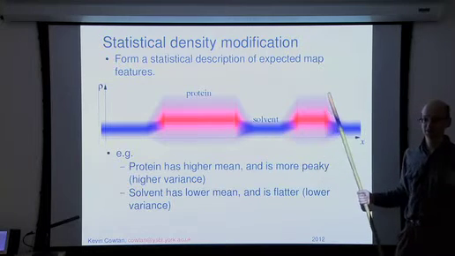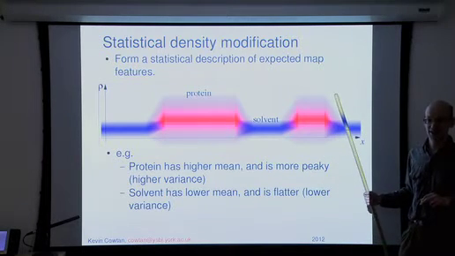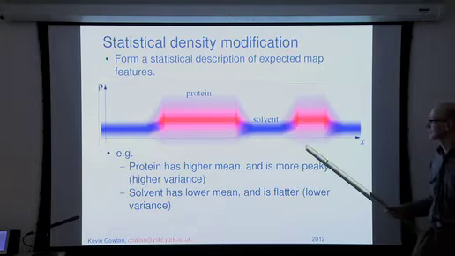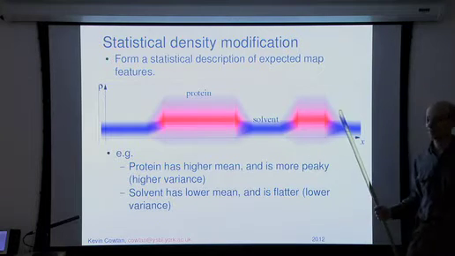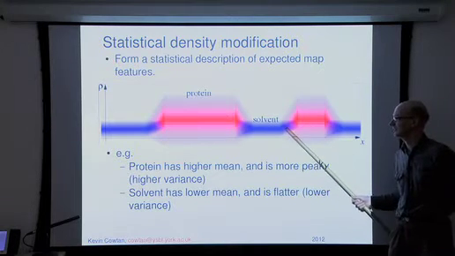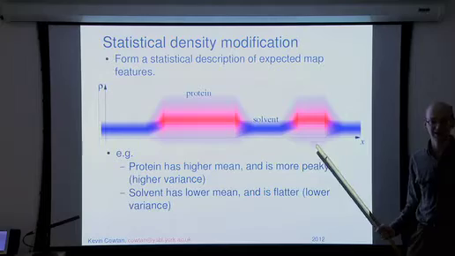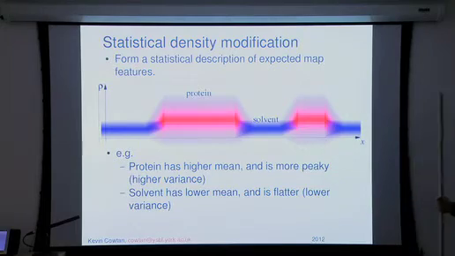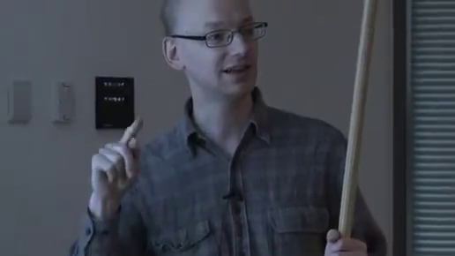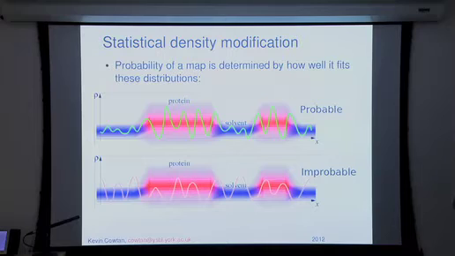Whereas the solvent, mostly oxygens and 2 hydrogens for each one, has a lower mean, lower density on average, and because it's disordered, it shows less variation. So that's a statistical description of what we would expect the electron density to be like, given that we just know the protein and solvent boundaries.